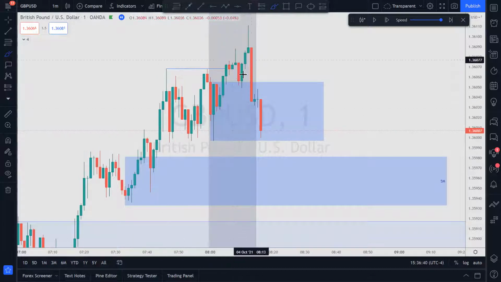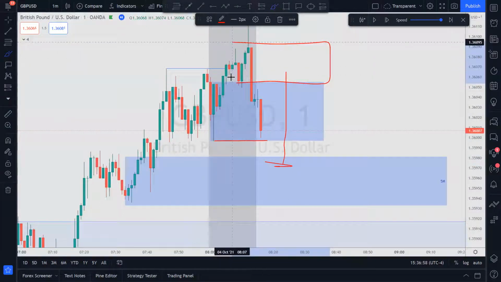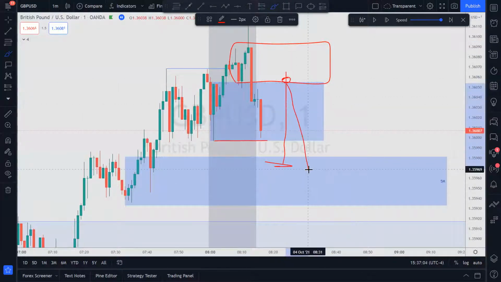Because this would tell me if price broke this low, it would tell me that if it came down here, I'll be looking for price to come back up here to test. You see, we got 3 in a row here. I would be thinking of taking a short here and taking it down to this order block.